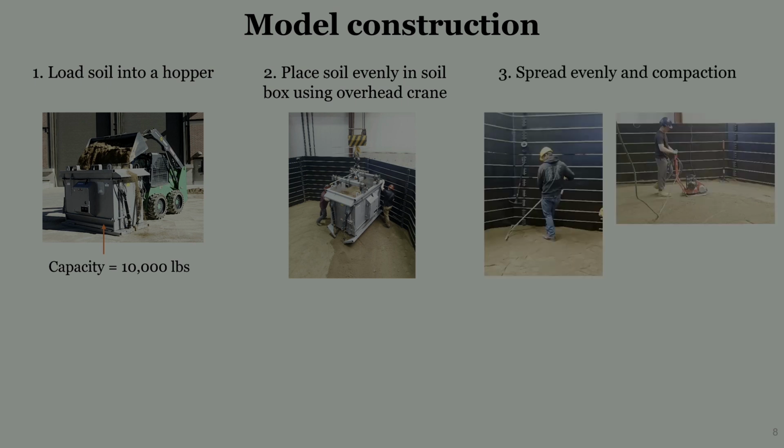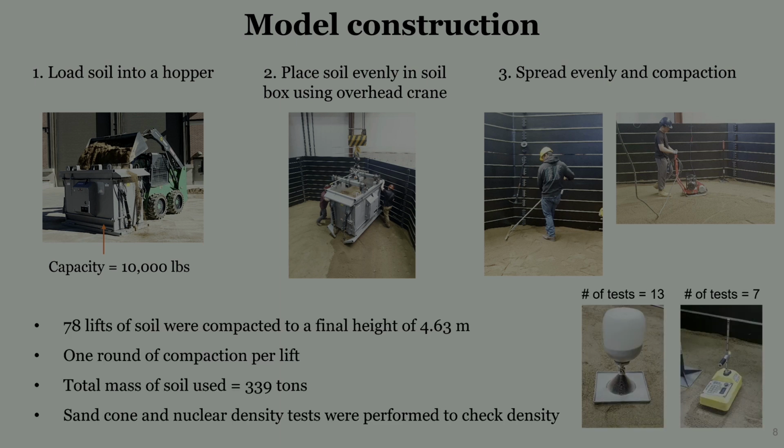But even by doing that, we still have to do some manual work. We spread the soil using these rakes inside the box, and then we compact the soil using the vibratory plate compactor. In total, there were 78 lifts of soil for this model box to fill to a height of 4.63 meters, and there was one round of compaction per lift.